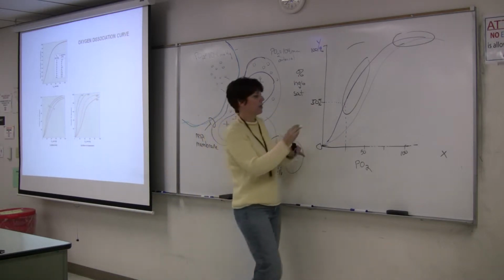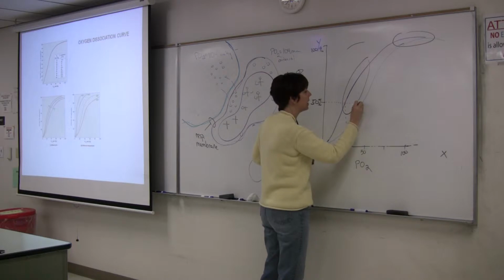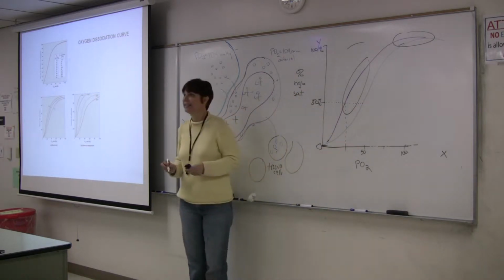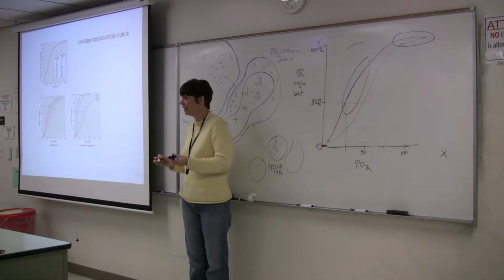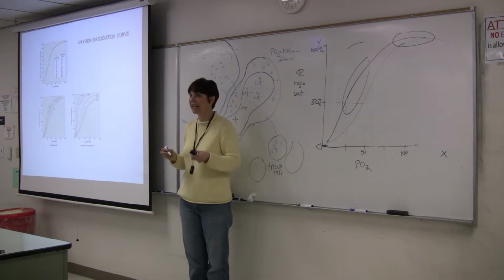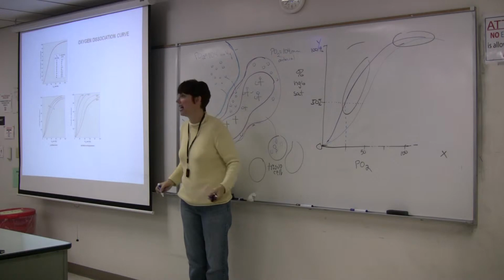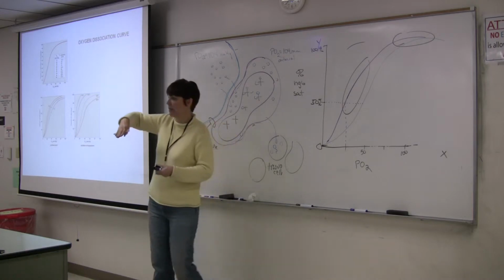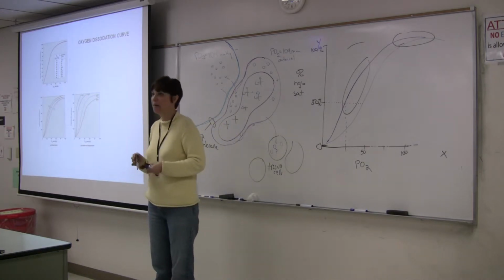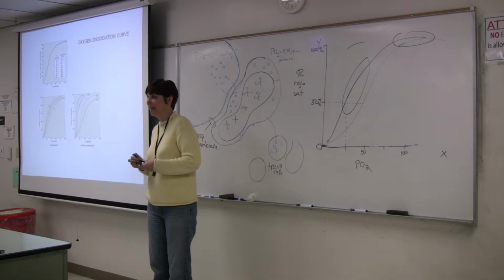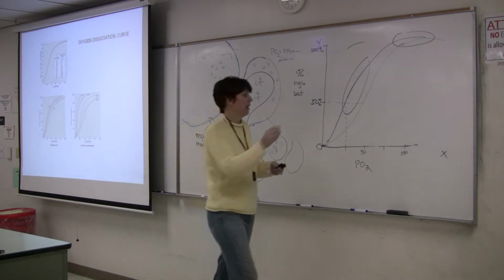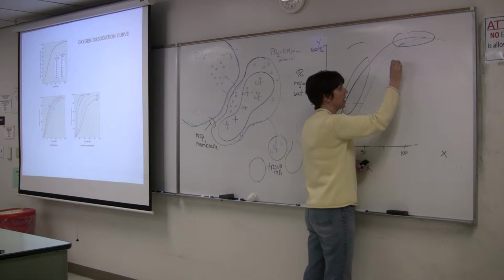When my curve shifts to the right, does it take more or less oxygen to keep it 50% saturated? More. Which means that if we're talking about those musical chairs, the kids are sliding off even faster. Maybe that seat, instead of being like this, is almost straight up. So when the curve shifts to the right, the hemoglobin affinity for oxygen has decreased.